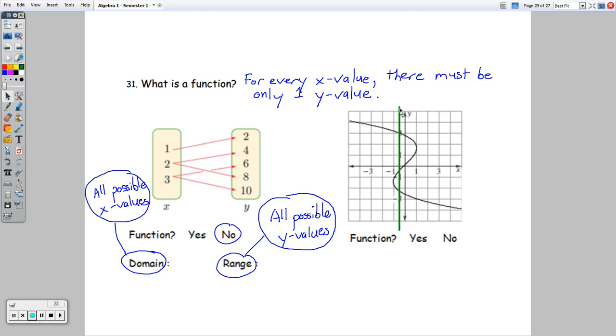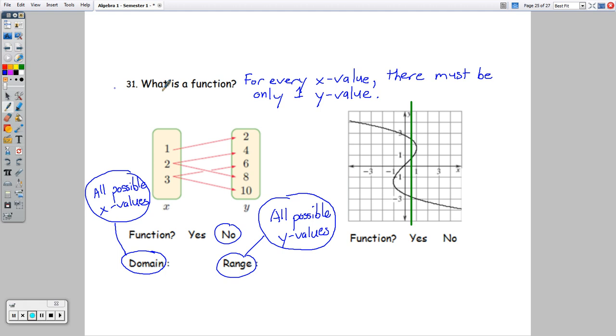This is not a function because you have the vertical line test is what we call that, a quick way to describe that. The vertical line test shows that you pick any x value between -1 and 1, you're going to have more than one y value corresponding to that.